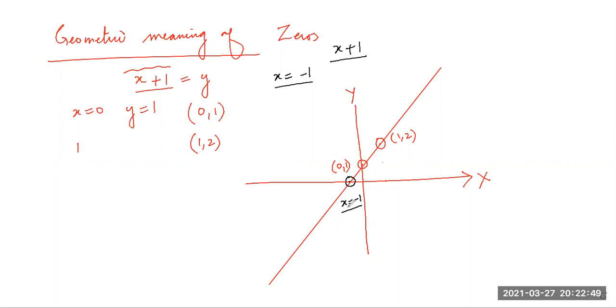Oh, that's beautiful. What does that mean? The zero of a polynomial is exactly the point where the graph of the polynomial x plus 1 is equal to y, or simply the graph of x plus 1, cuts the x-axis.